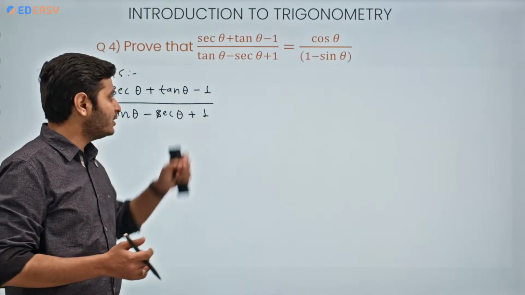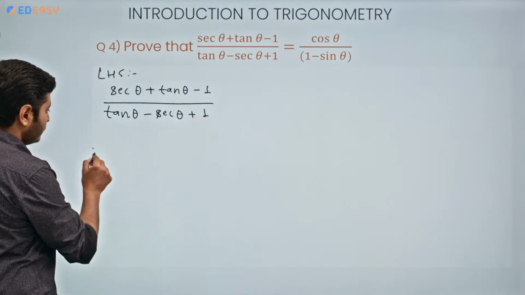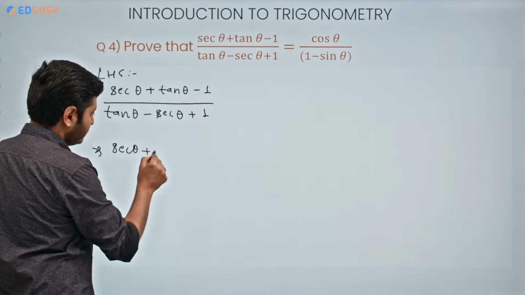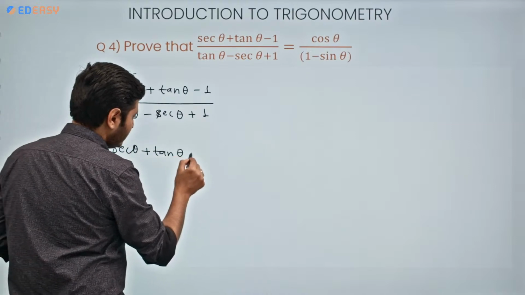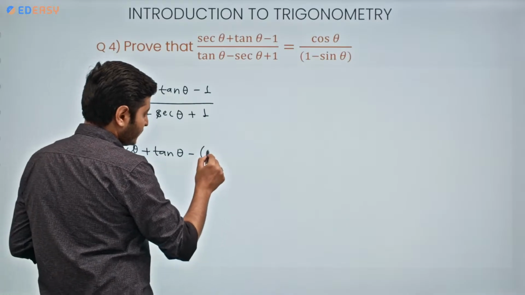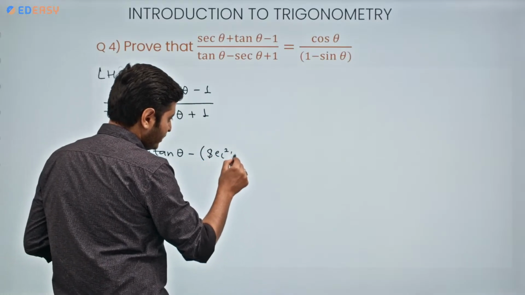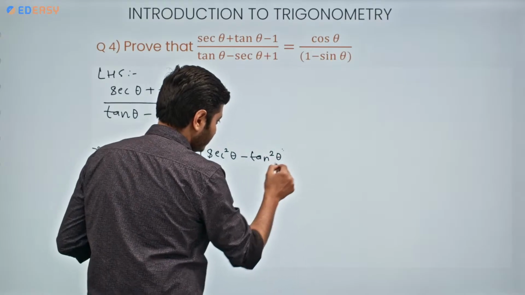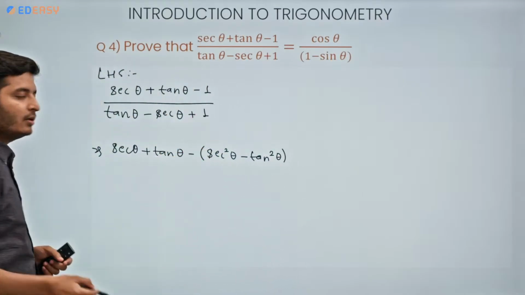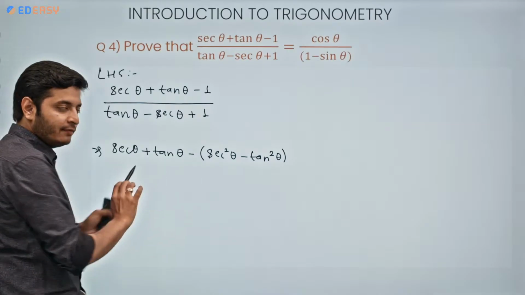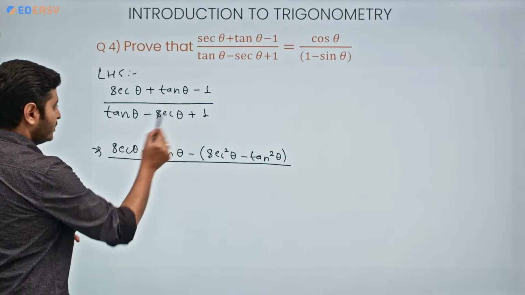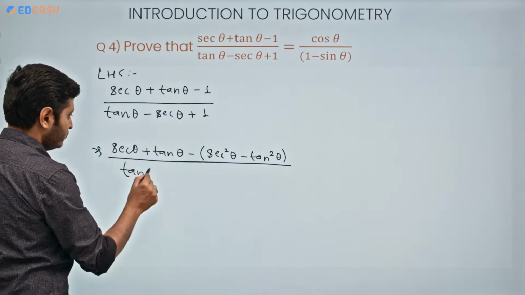So first I will convert this to secant theta plus tan theta minus secant square theta minus tan square theta. So this identity I will apply here. Minus sign will remain outside, okay? This we do not touch.